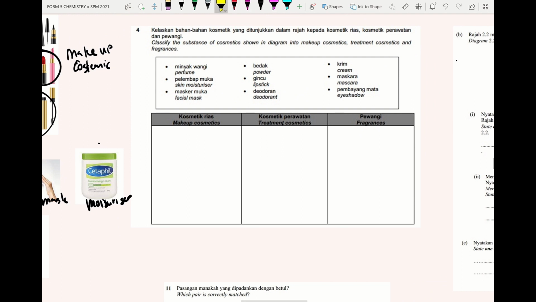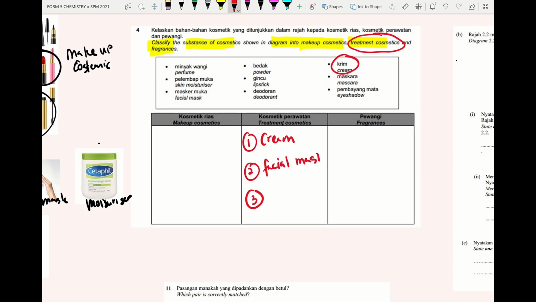Classify the substances shown in the diagram into makeup cosmetic, treatment cosmetic, and fragrance. Remember, treatment cosmetic has three: number one is cream, number two is facial mask, and number three is skin moisturizer.